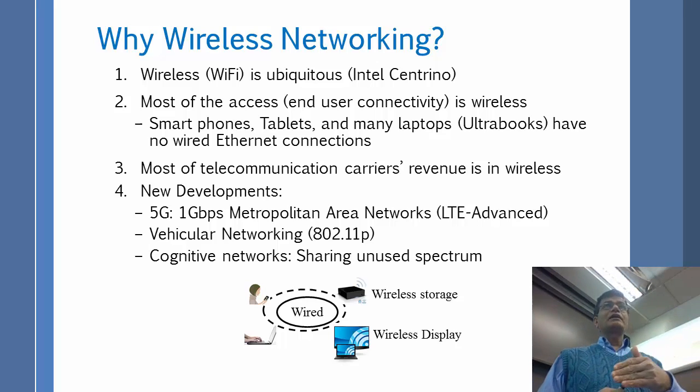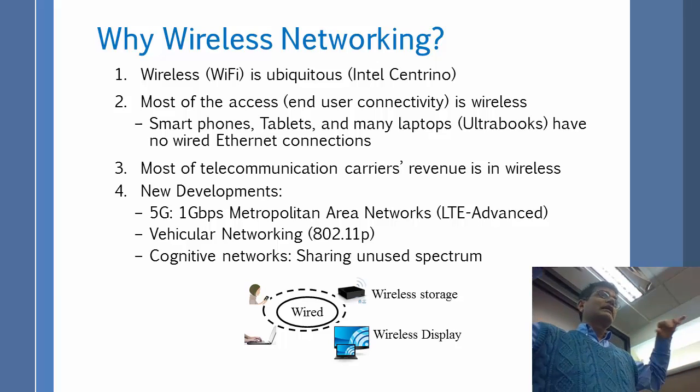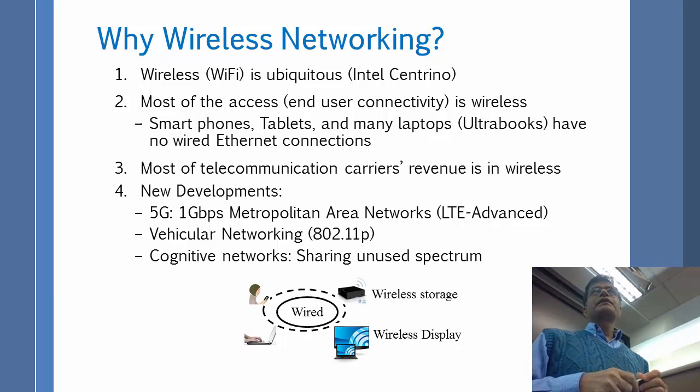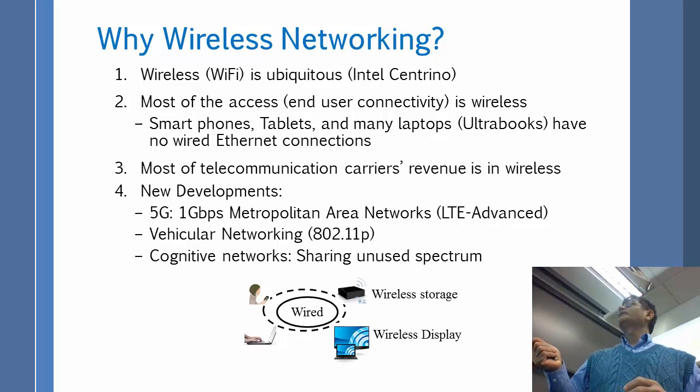And then it goes on a wired network. Okay, so yes, wired is required, but that is required in the data centers, in the core network, in the carrier network, and so on and so forth. Right? But access is now completely wireless. Smartphones, tablets, laptops, everything have no wired connections anymore.